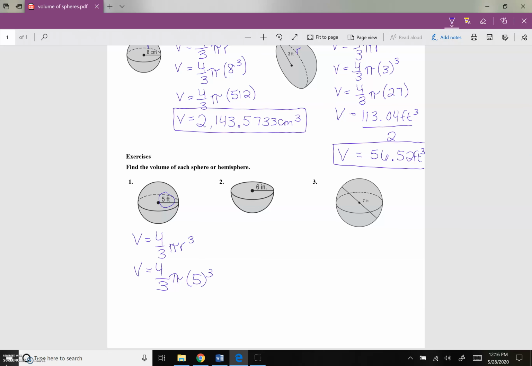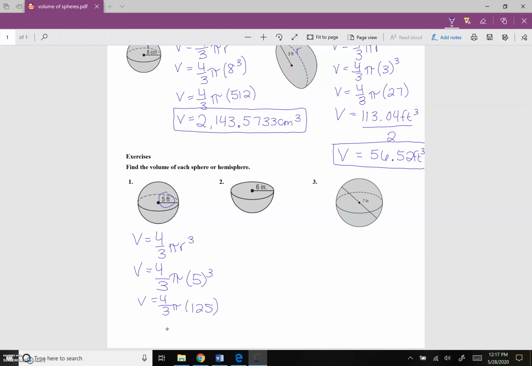We're still going to follow our PEMDAS rules, which is going to be cubing our 5 feet first, which gives us 125. Now, instead of multiplying pi into my answer here, I'm going to leave pi in my answer. So I'm only going to multiply the 4/3 times 125 and then my answer will have pi in it.